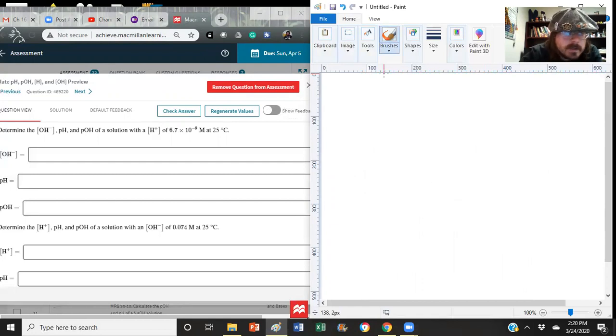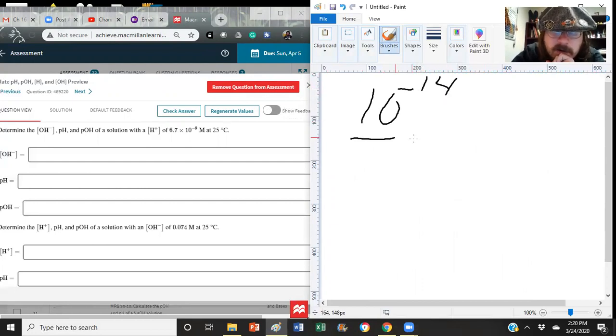In the meantime, let's look at this. We have the concentration of H plus. So, what is the OH minus? We're going to say 10 to the negative 14th, divide KW by our H plus, and that will give us our OH minus.